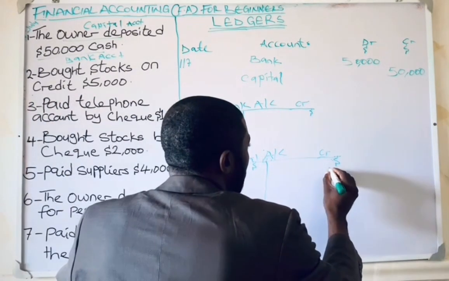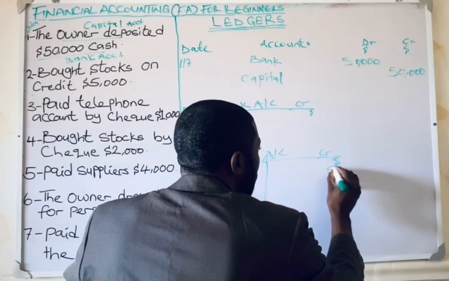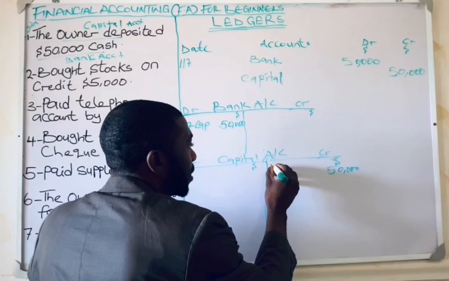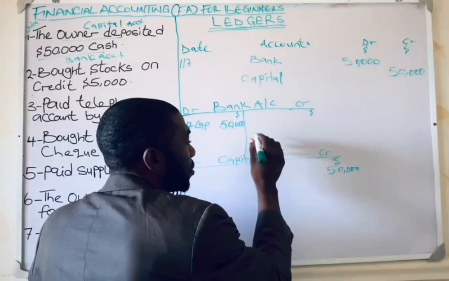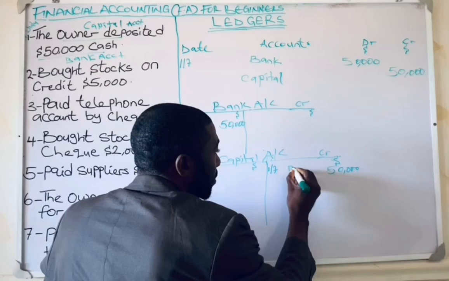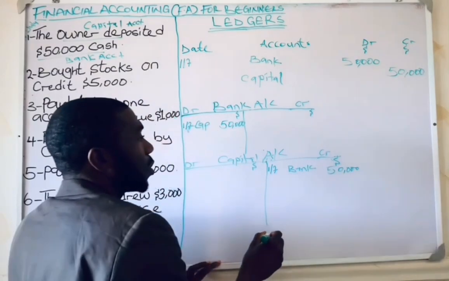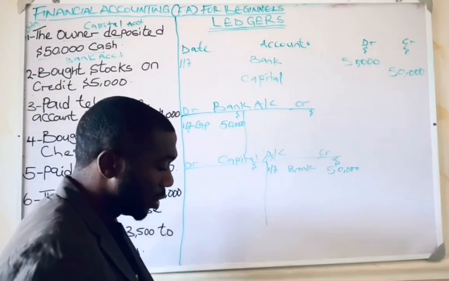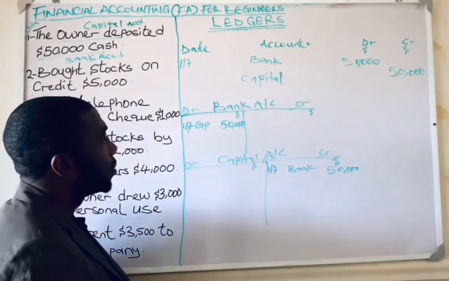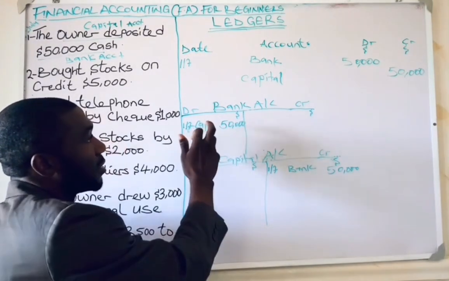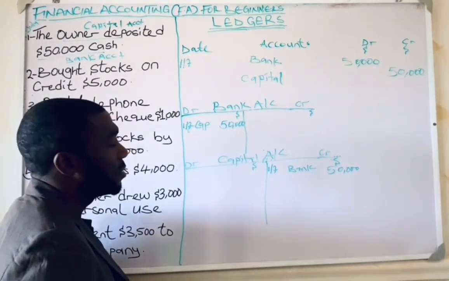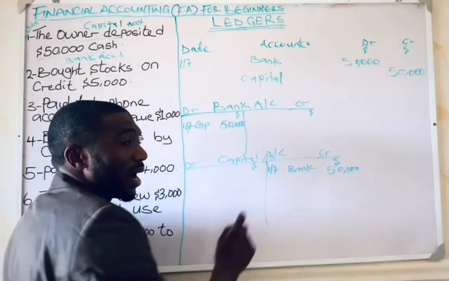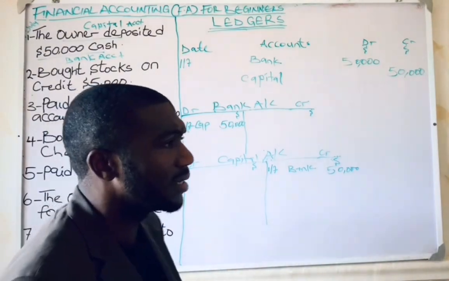You say the capital is going out, $50,000 on the 1st of July. Going to where? To the bank. So as an accountant, whenever you see something like this, you know that we received $50,000 because of capital investment, and the capital also goes out to the bank. So simple as that. That is a ledger.